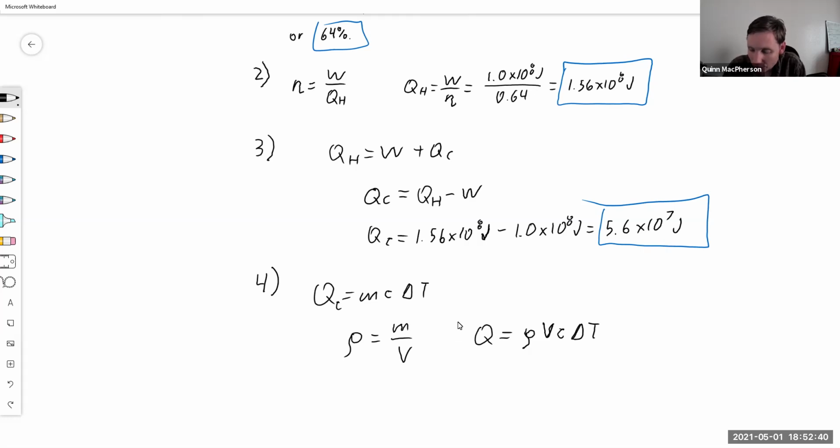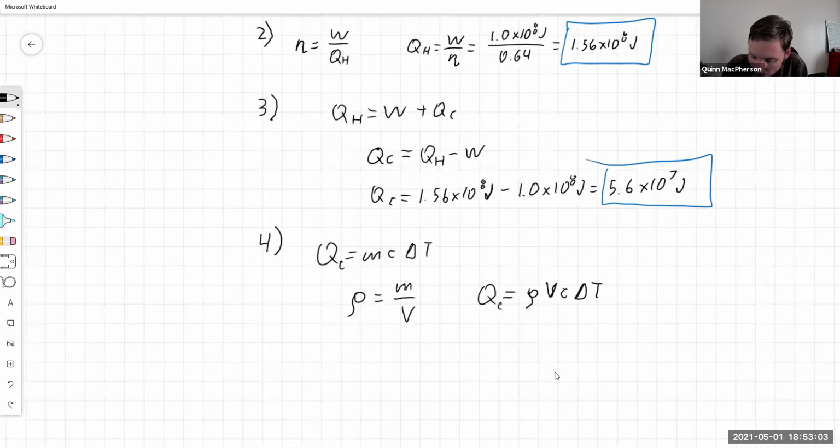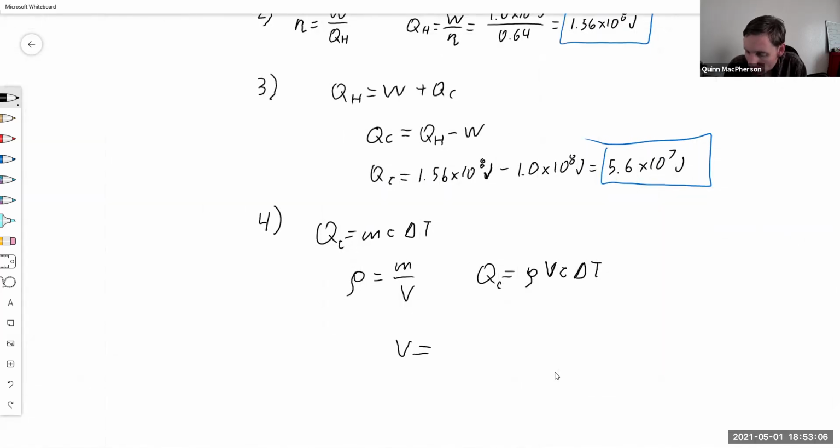It's the heat we're dumping to the cold end that goes into heating water, m c delta T of water. c is the specific heat. Delta T is how much the water heated up, from 10 to 30 degrees C. We know the density of water and the specific heat of water. We're looking for volume, so let's solve for volume: volume is equal to Q cold over rho c delta T.